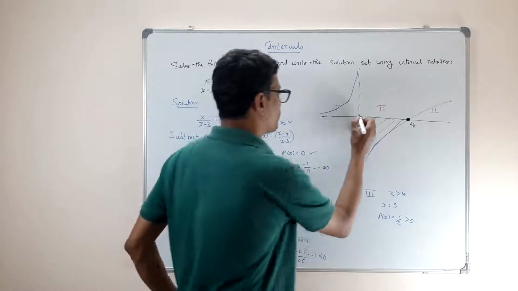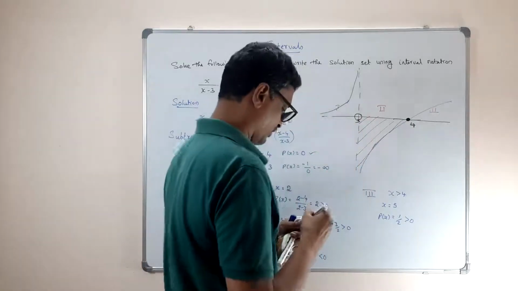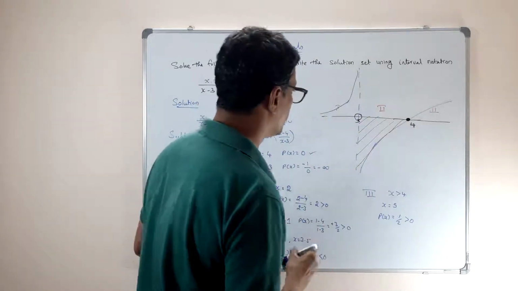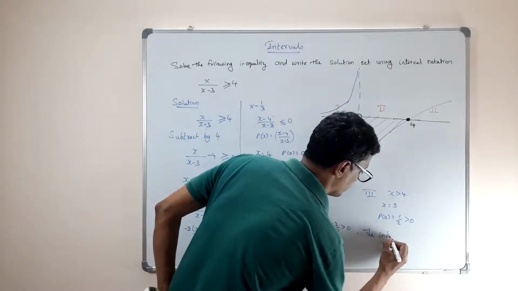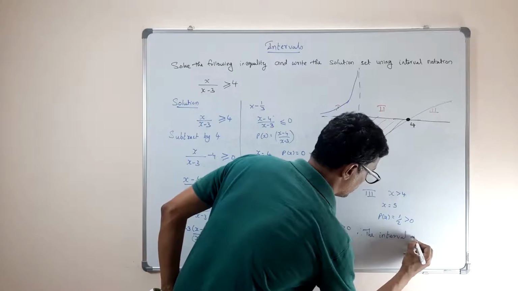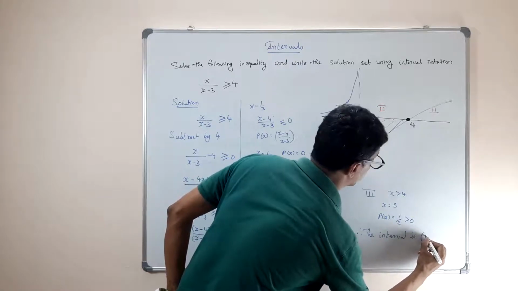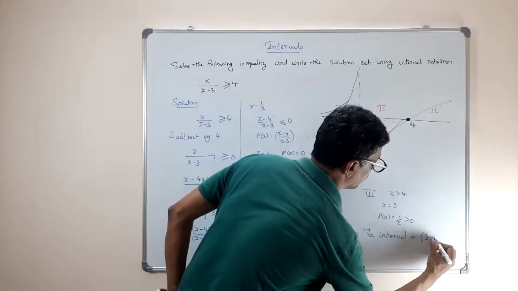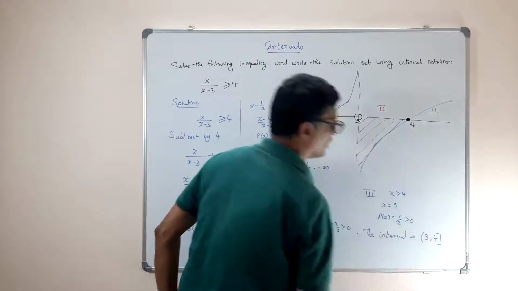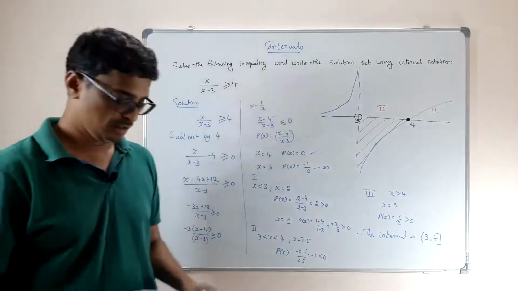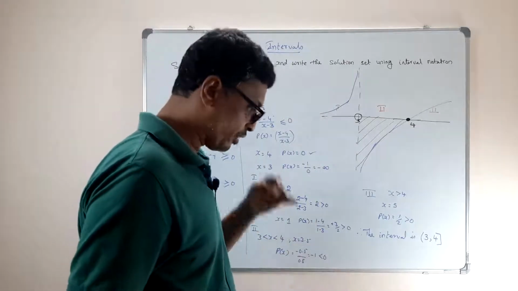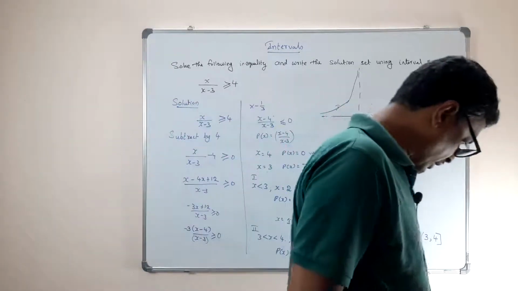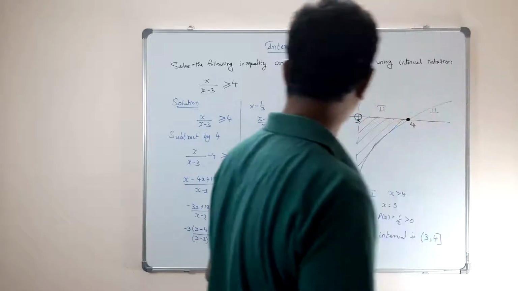Therefore, the interval is open bracket 3, comma 4, square bracket. Got it? In your book it is written wrong. What they have said is something different, and that won't work here.